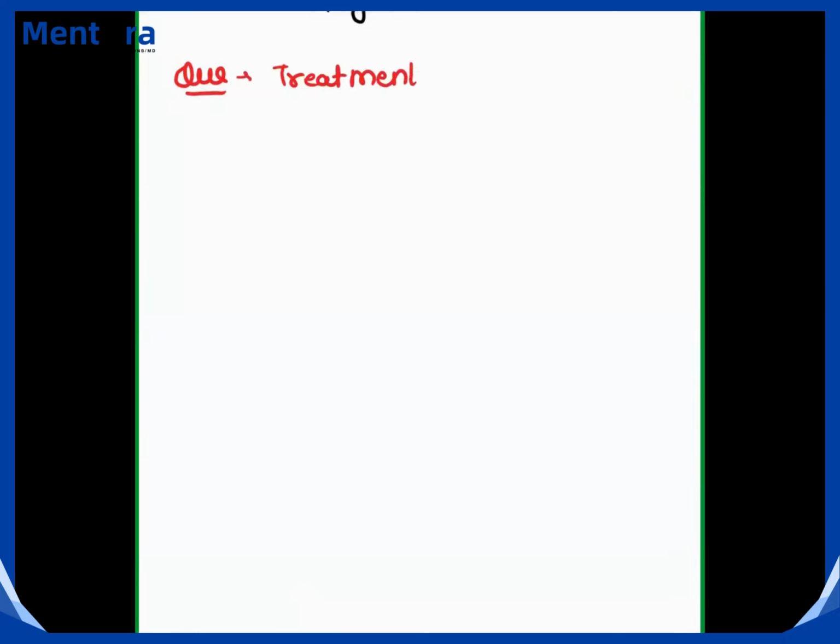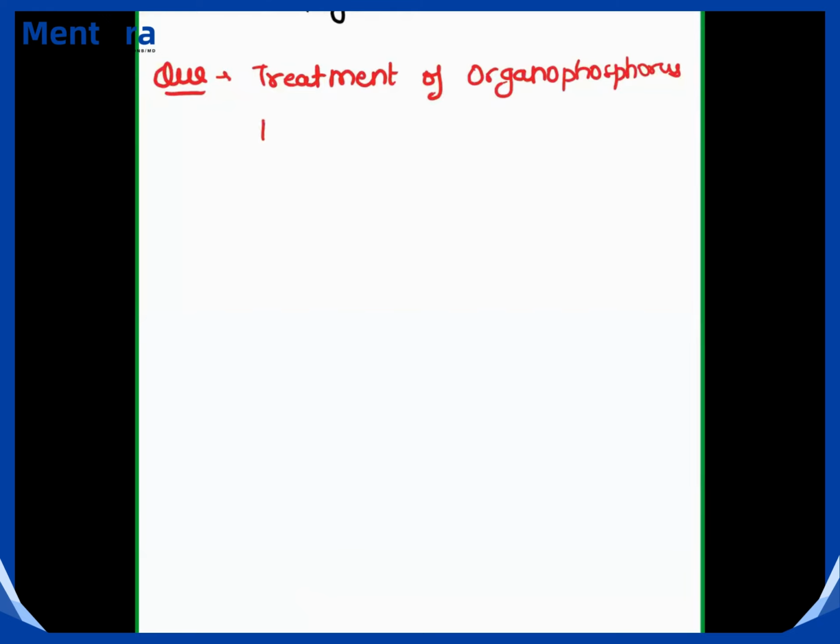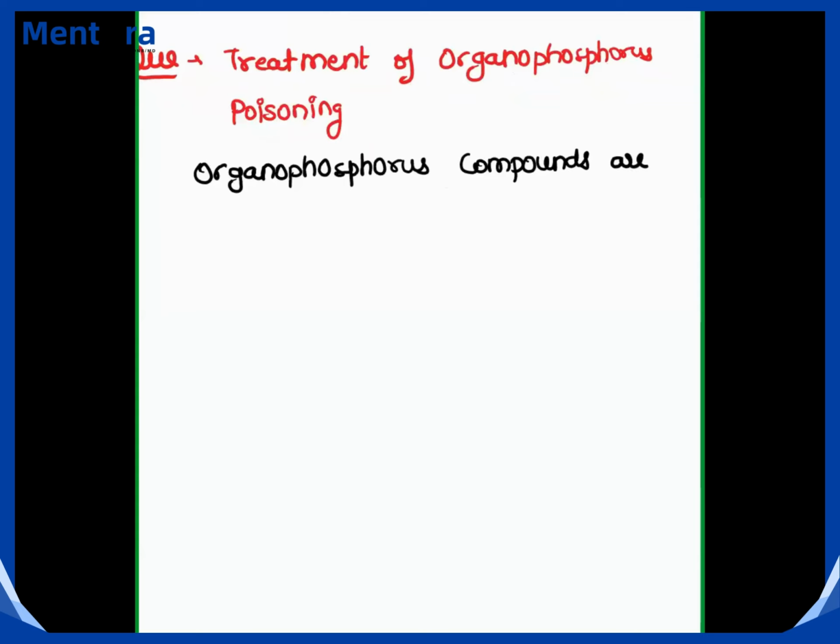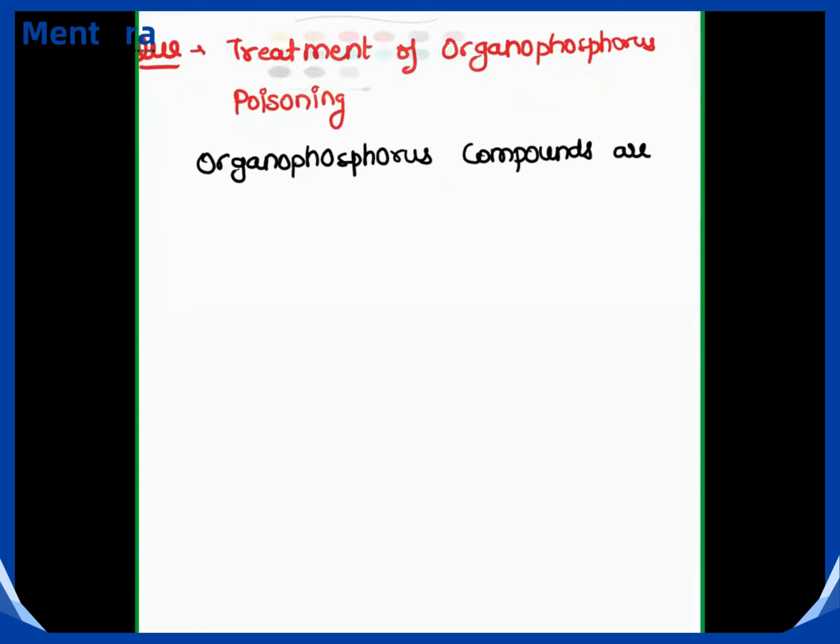Treatment of organophosphorus poisoning. First of all, what are the organophosphorus compounds? Organophosphorus compounds are cholinesterase inhibitors.